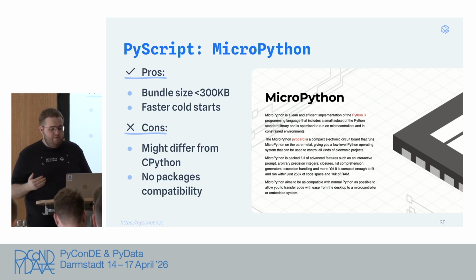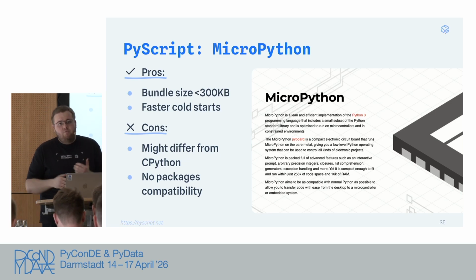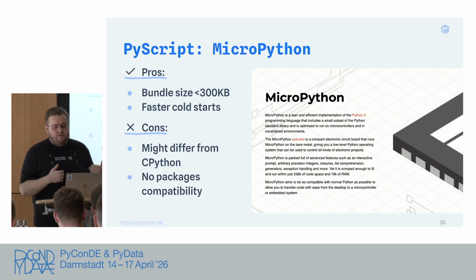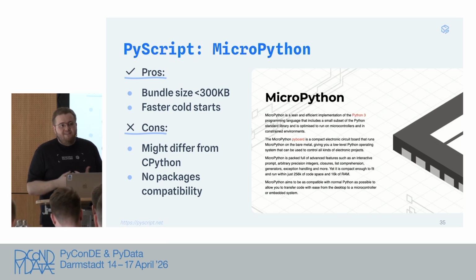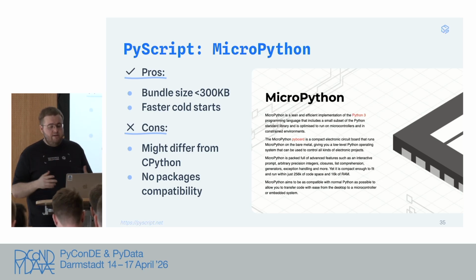However, at the same time, MicroPython differs from standard CPython in feature support. Obviously, it largely depends on the version you're using. But your available Python code is not guaranteed to work with MicroPython right away. And on top of that, you're losing the rich ecosystem of packages because they need to be rebuilt for MicroPython separately.